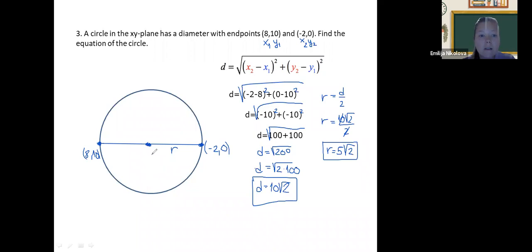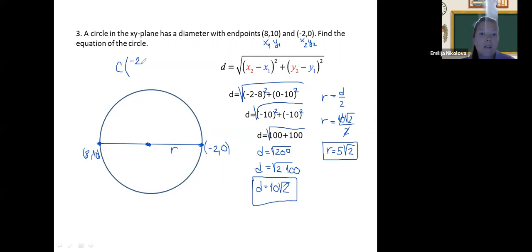Now we need to find the center of the circle. So how can we find the center? The first coordinate will be x2 minus x1 divided by 2.